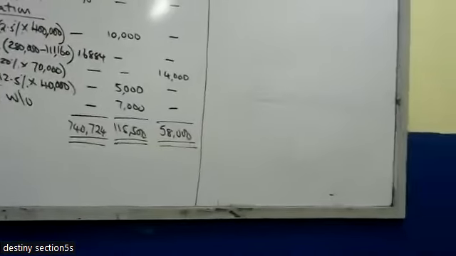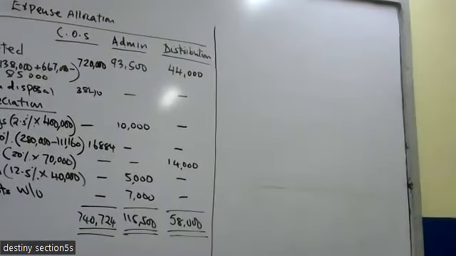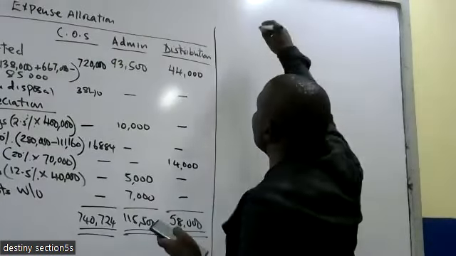So let's do presentation. First, required Roman 1, statement of profit or loss for the year ended 31st December 2022.